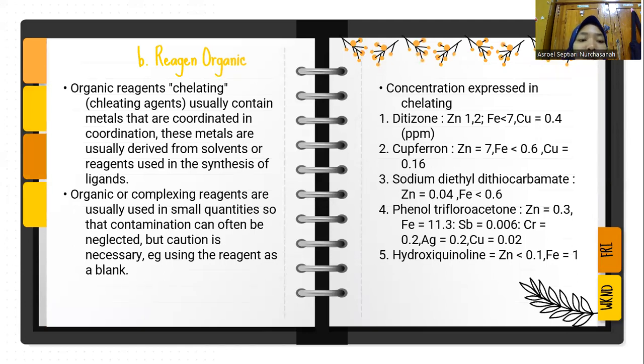Organic reagents. Organic reagents usually contain metals that are coordinated in complexes. These metals are usually derived from solvents or reagents used in the synthesis of the reagents. Organic or complex reagents are usually used in small quantities so that contamination can often be neglected.